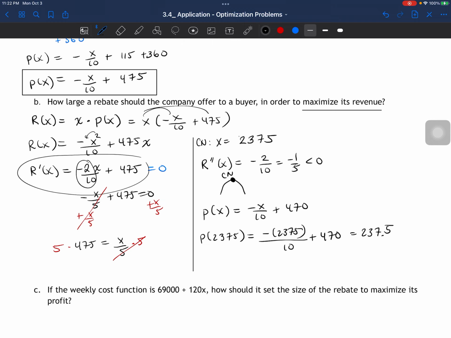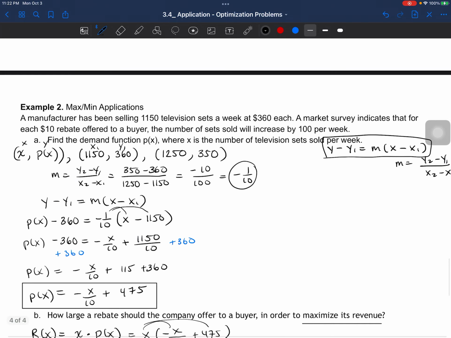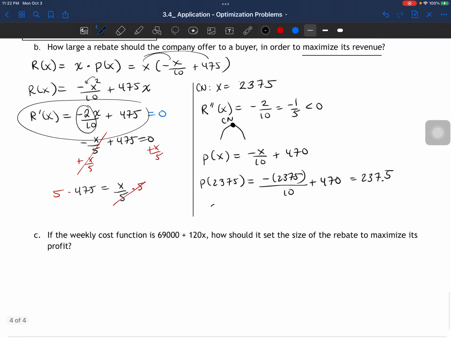But this doesn't tell you how much is the rebate. The rebate is how much you're putting down the money. So how much discount you're gonna give. Well, we already know how much is the original price. The original price is how much? 360. So we will take the 360 and subtract $237.50. And that will give us $122.50.